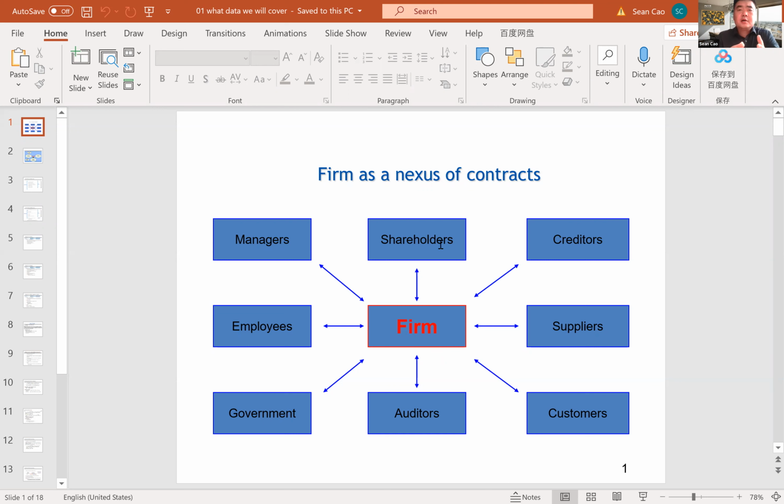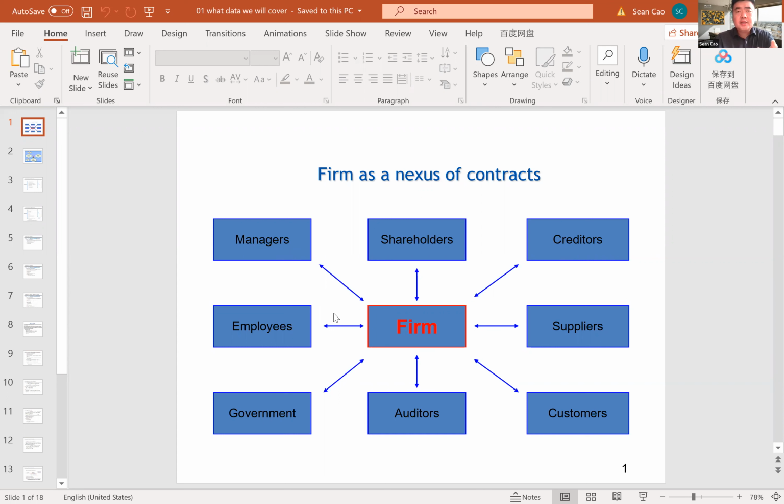We analyze the financial data and accounting data to provide decision-making support for investors. And then we have managers as well. You analyze the firm data to provide decision-making help for managers, and also for creditors, suppliers, customers, and auditors.